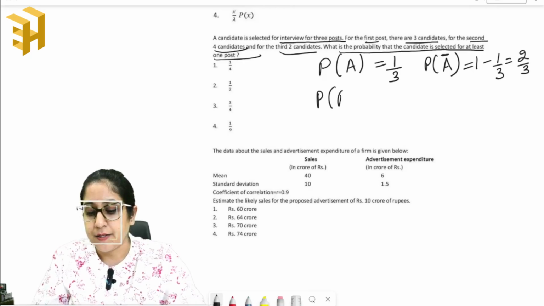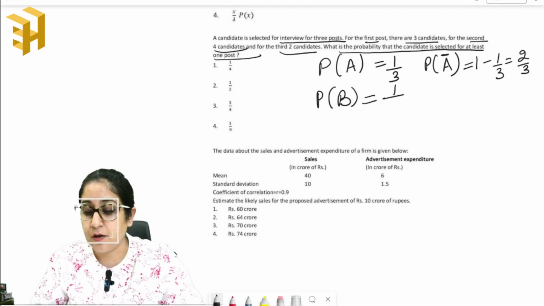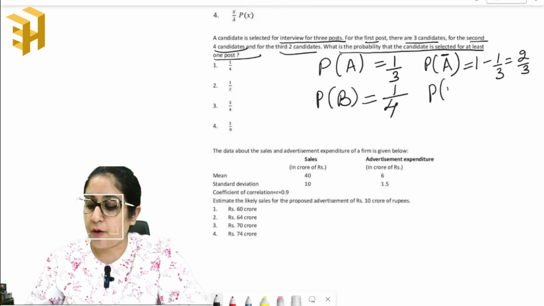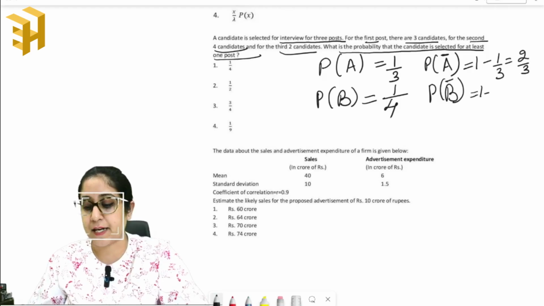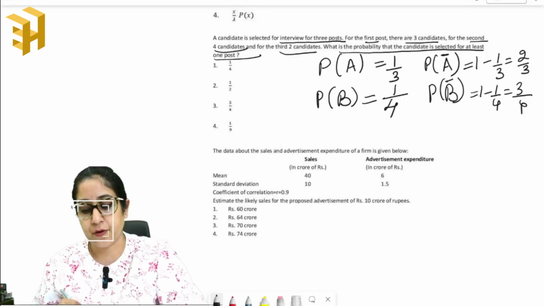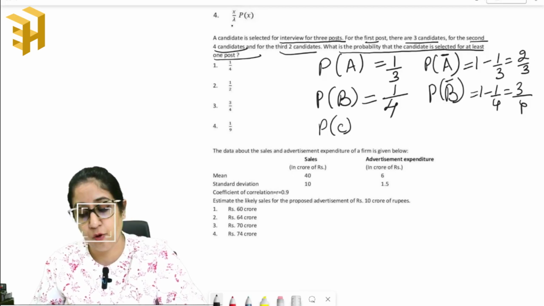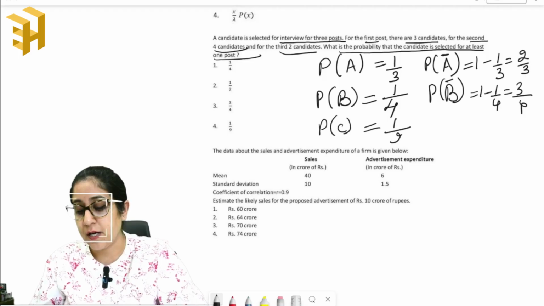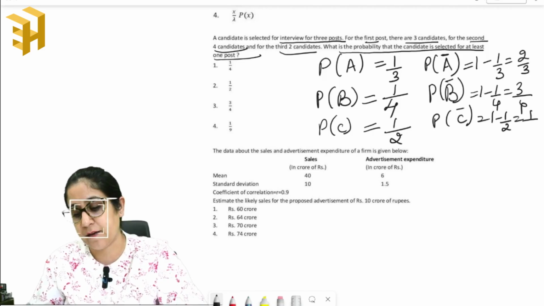Then probability of being selected in the second post is 1 by 4. Probability of not being selected in the second post is 1 minus 1 by 4, which is equal to 3 by 4. And probability of being selected in the third post, that is C, is 1 by 2. And probability of not being selected is again 1 minus 1 by 2, which is 1 by 2.